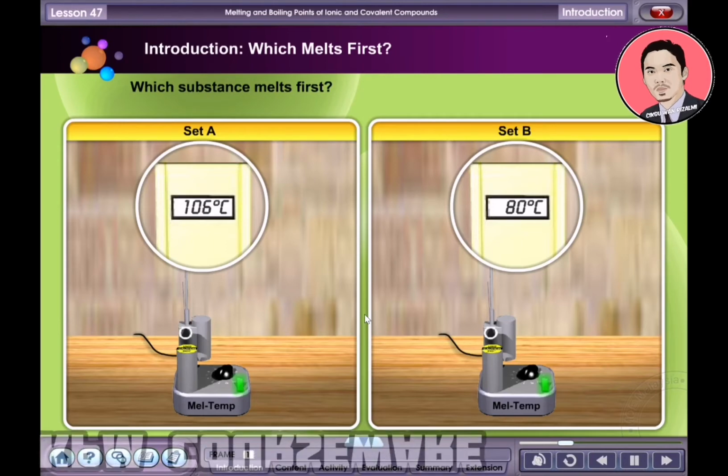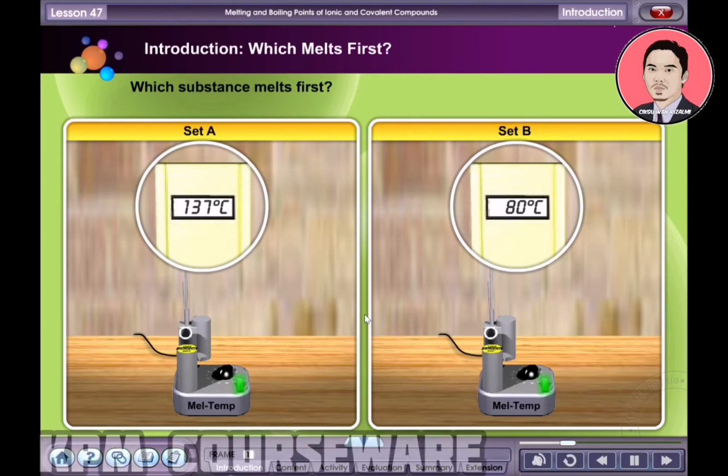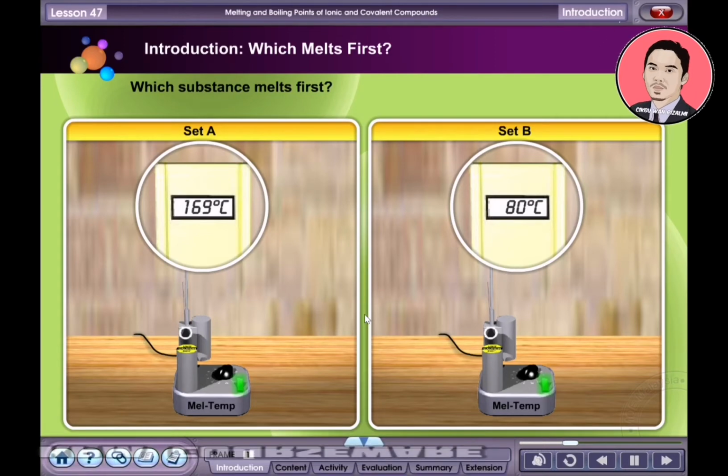Which substance melts first? What can you say about the melting points of the substances?